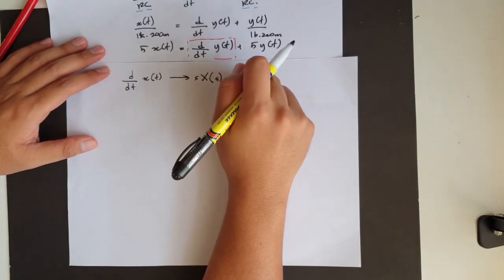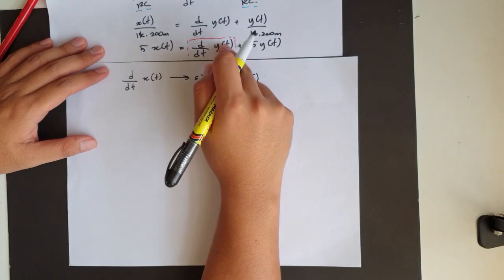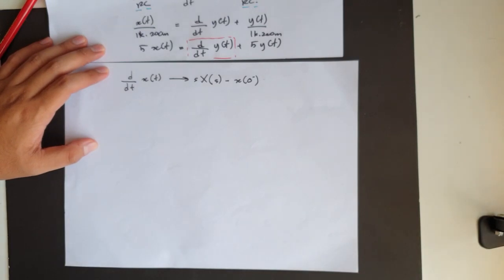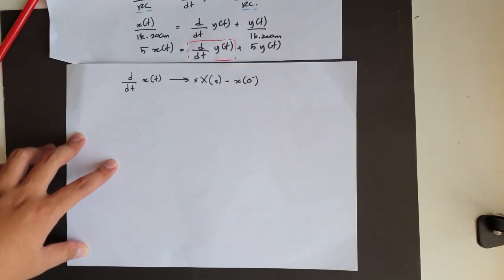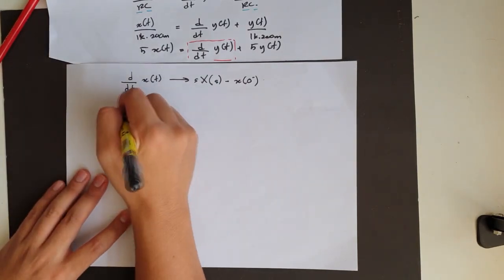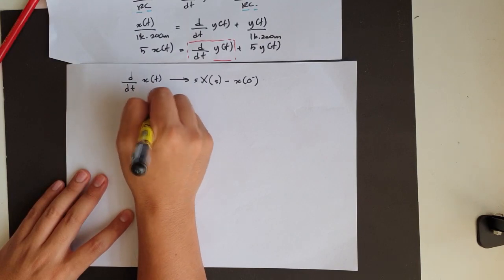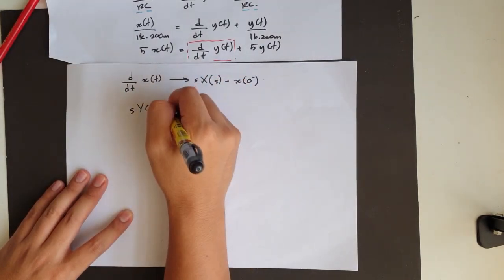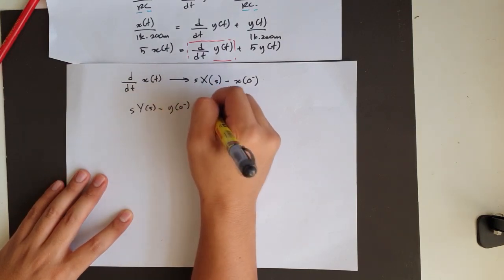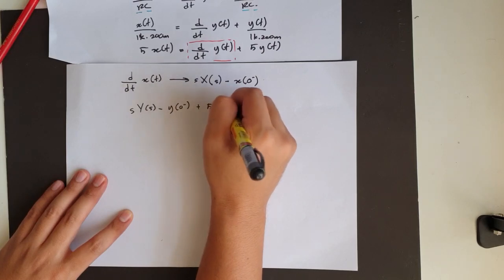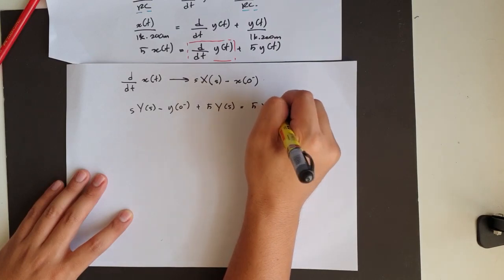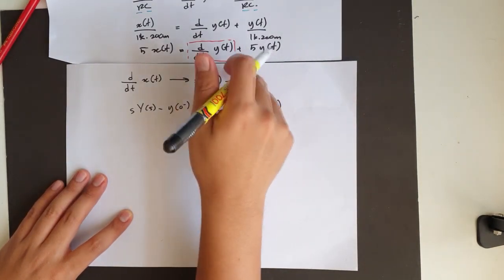According to this, we want to replace it, so let's solve for this one. So here we have sY(s) minus y(0-) plus 5Y(s) equals 5X(s).